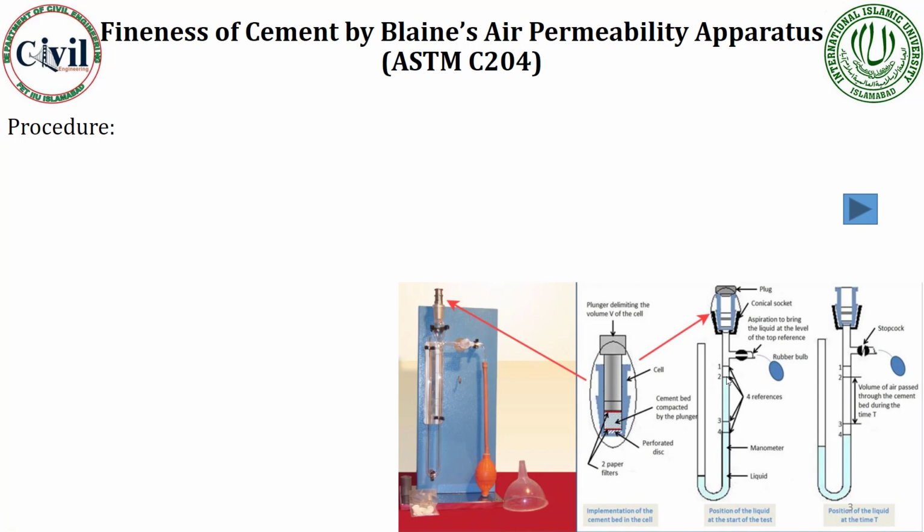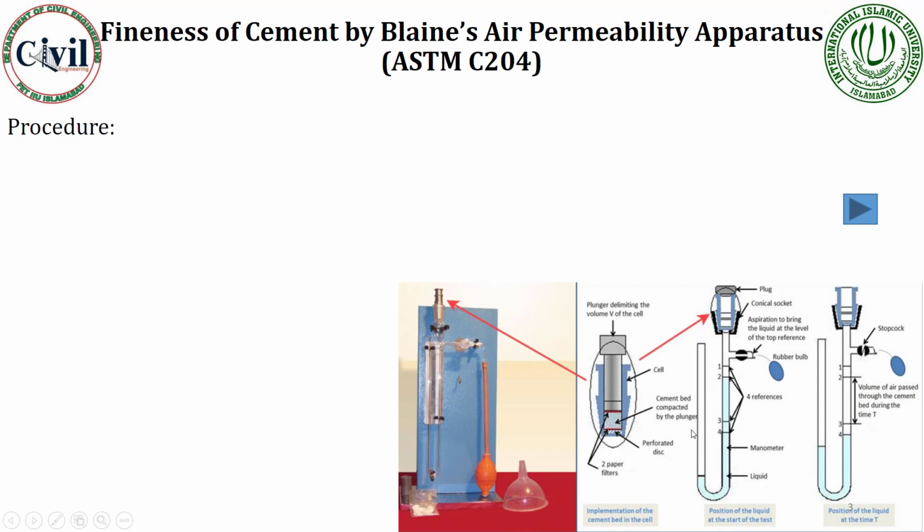The moment the lower meniscus of the manometric liquid hits point 2, you start the stopwatch and record the time between points 2 and 3. Basically, the time required for the manometric liquid to travel between points 2 and 3 is the time in which the air is passed through this cement sample.